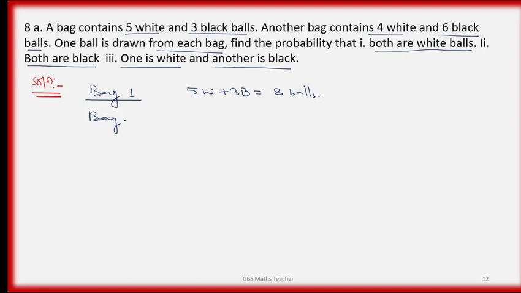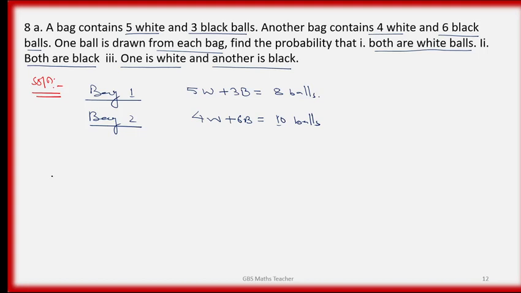Now we have to find the probability of both being white balls: in the first bag a white ball and in the second bag also a white ball.